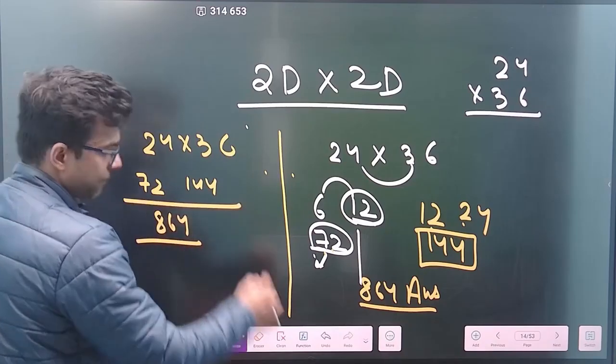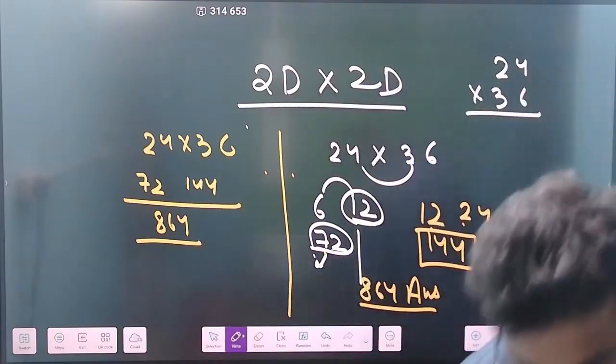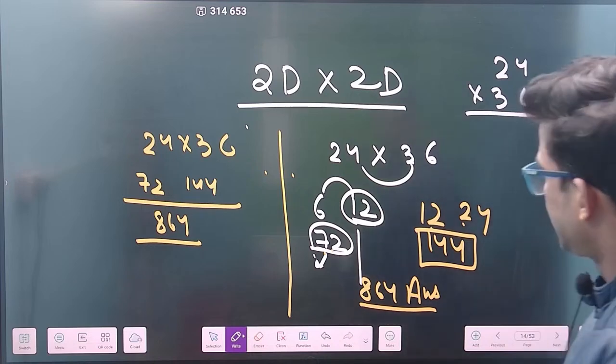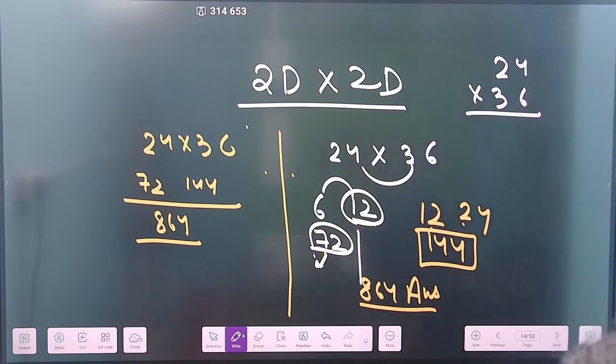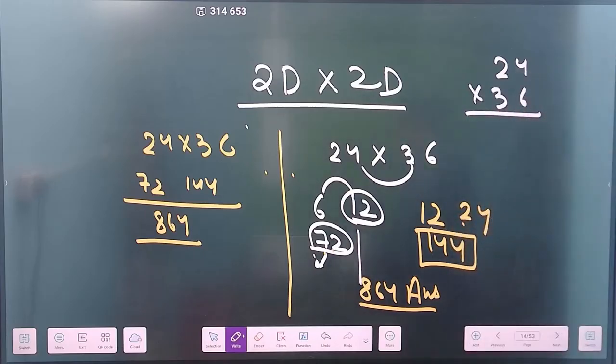This is my answer. 1 step, 2 step, answer. Is this clear? Please confirm. I hope you're getting the answers, guys. Fine. Any problem in this?